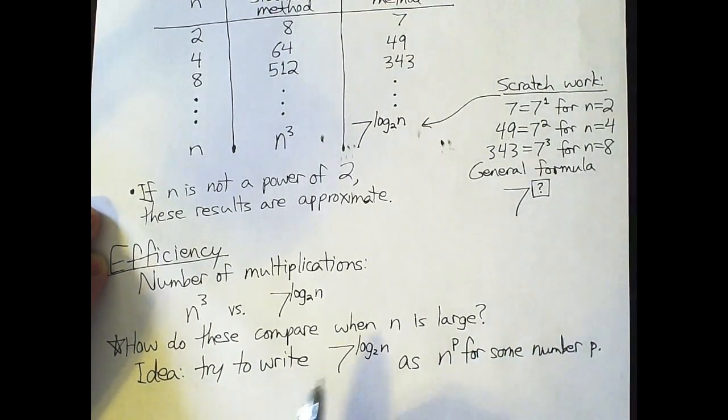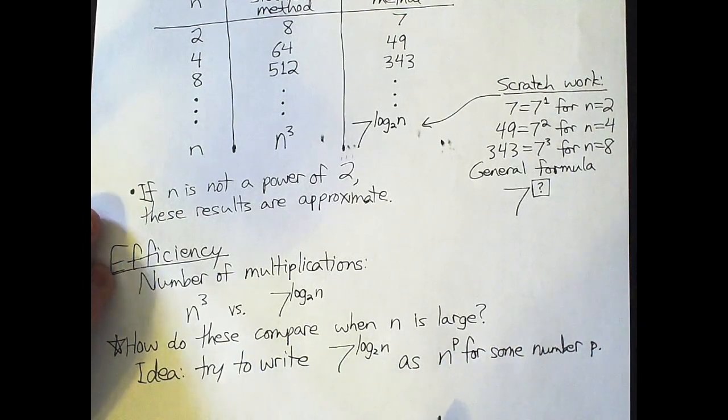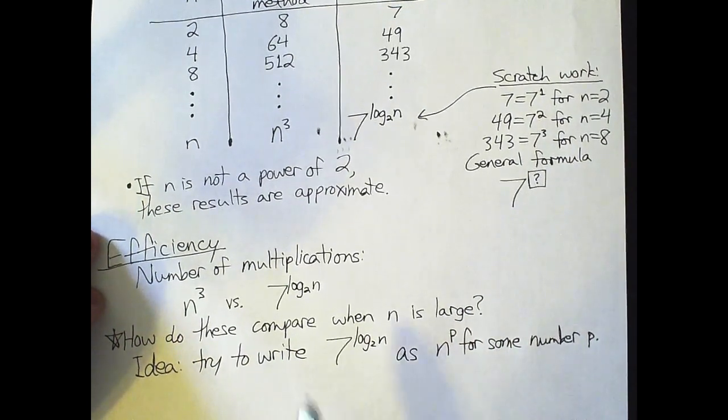I'd like to get both of these expressions into the same form, and then I could see how they compare. Because if we claim that Strassen's method is more efficient, with fewer multiplications, then I think this exponent p is going to be smaller than 3. But how much smaller than 3 is it?